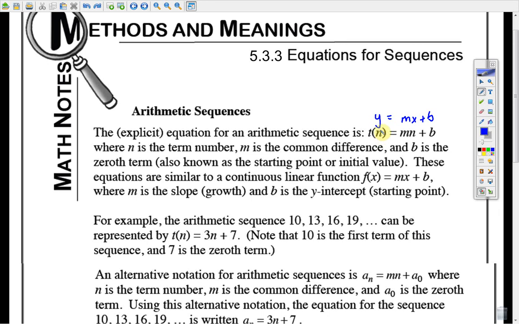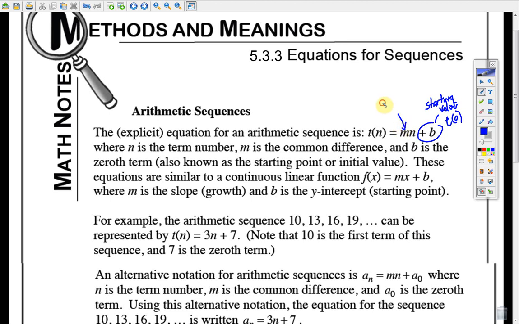N is the term number. B is going to be our starting value. It's also t of 0, so it's your 0th term.